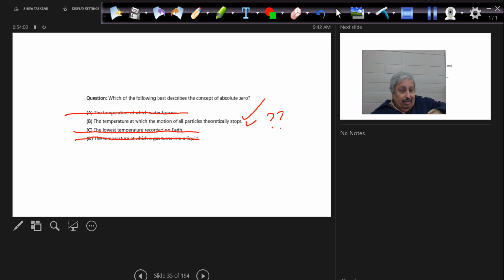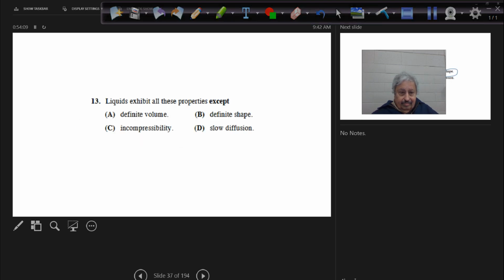So, time now, a couple of minutes. Liquids exhibit all these properties except... Liquids, all the liquids: definite volume, incompressibility, slow diffusion, definite shape.